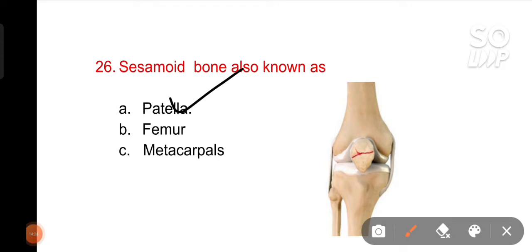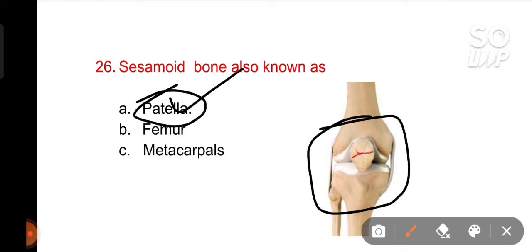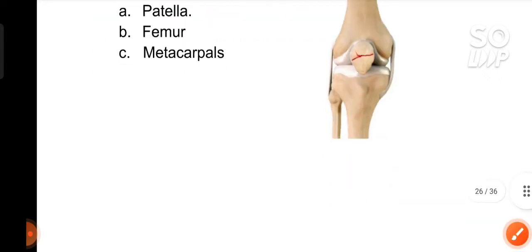The patella is the kneecap, which is present in the knee joint. Here we have the small bone. It is also called sesamoid bone. A sesamoid bone is one which is formed by the tendons, so it is called sesamoid bone.